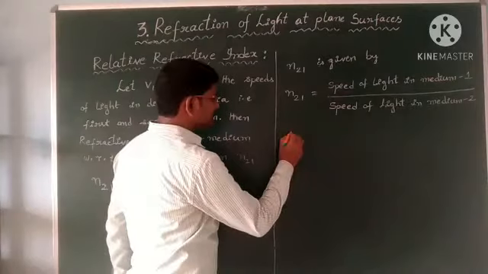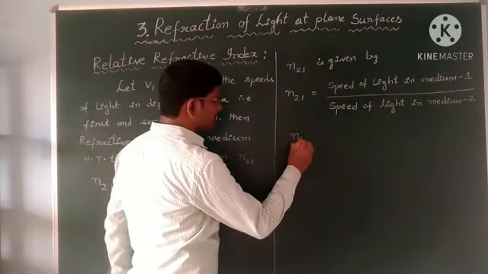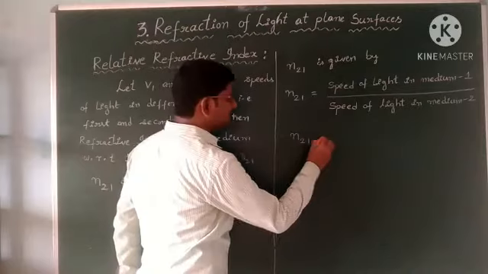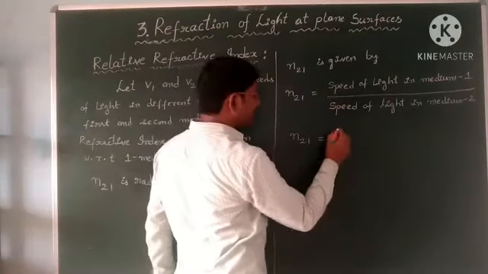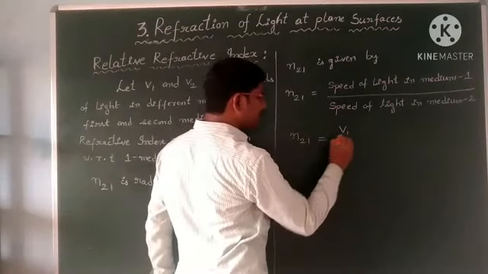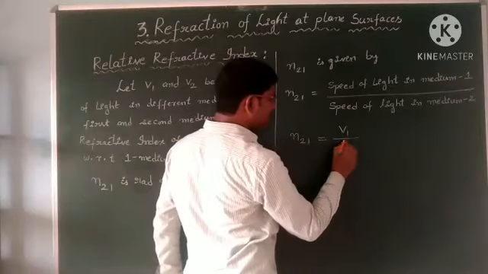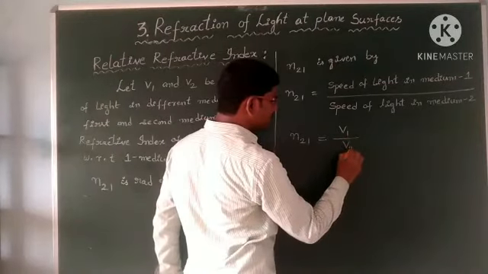So n21 is equal to the speed of light in medium 1, that is v1, by the speed of light in medium 2, that is v2.